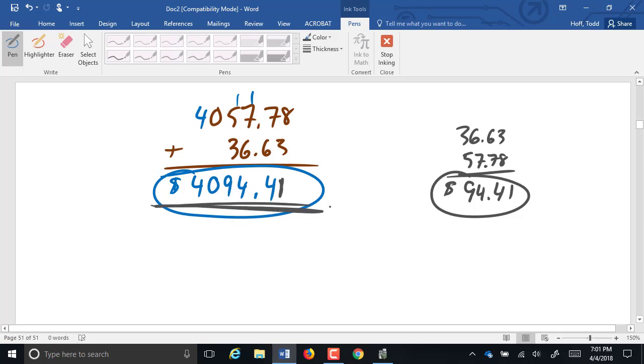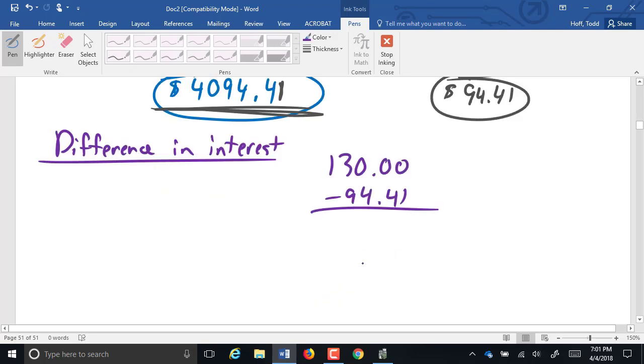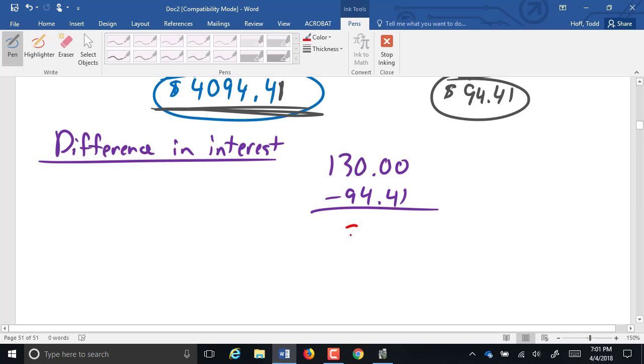The difference in interest, or the amount of interest saved, would have been the original 130, that's if there's no partial payments, minus the 94 that was charged with the partial payment. That's $35.59 was saved.